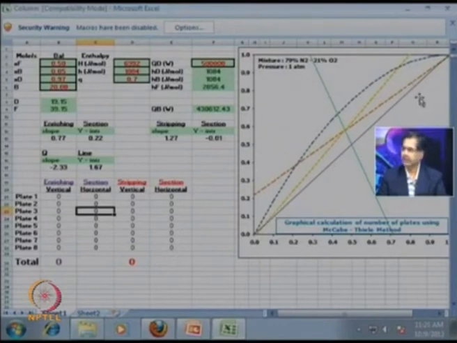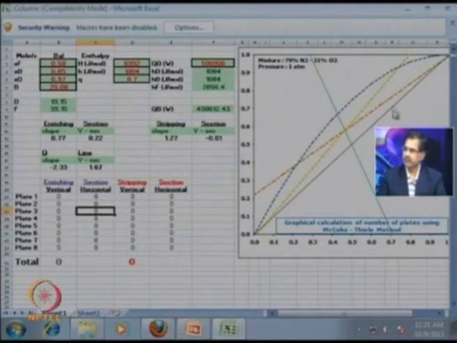How did I find these lines? This is the purity of the nitrogen, which is 97%, as we had seen here. I will locate this point on the y equal to x line. So, we have 3 lines here: the y equal to x line, the operating line for the enriching section, the operating line for the stripping section, and the third line, which is the q line, the feed line.